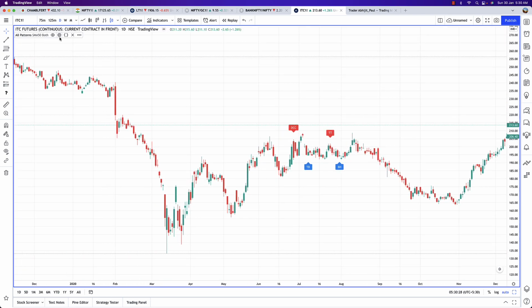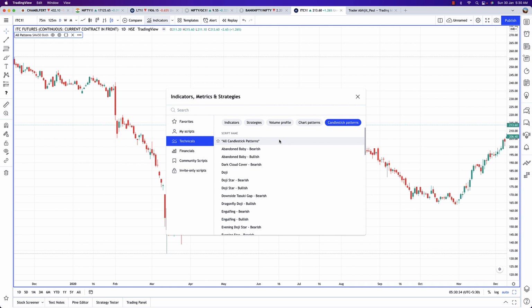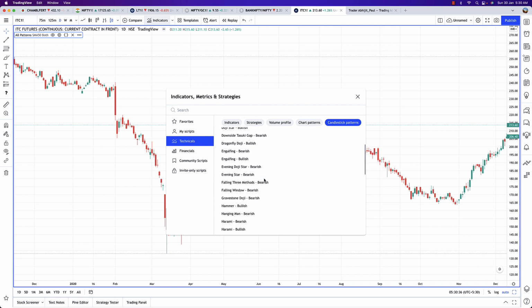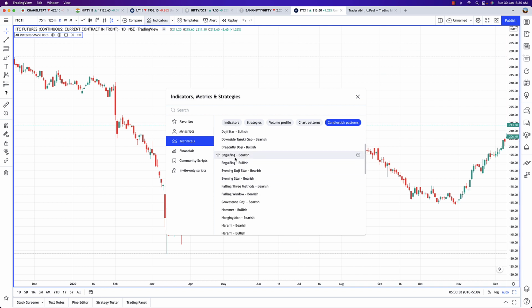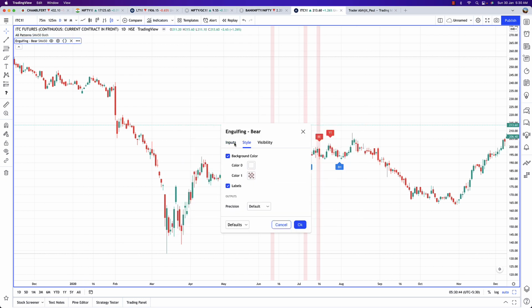So this, I think, is a better option than clicking on the individual patterns. I had not checked it myself before, but if we go back to, let's say, an individual engulfing bearish and go to its settings, does it allow us any moving average? Yes, it does. Detect trend based on SMA, but that's not good enough.